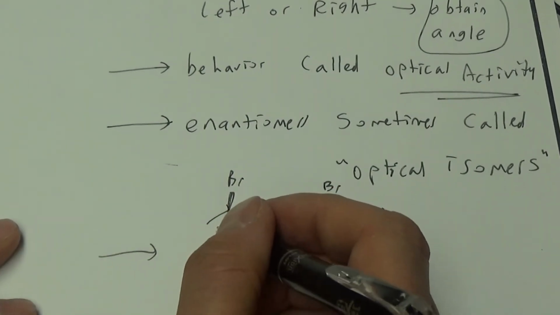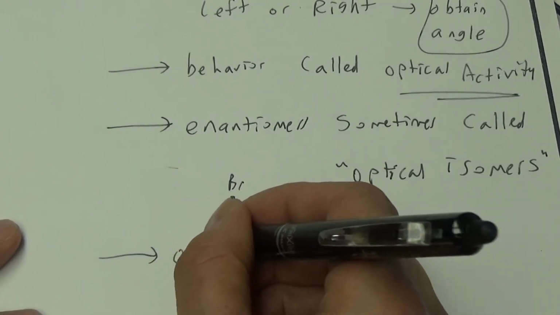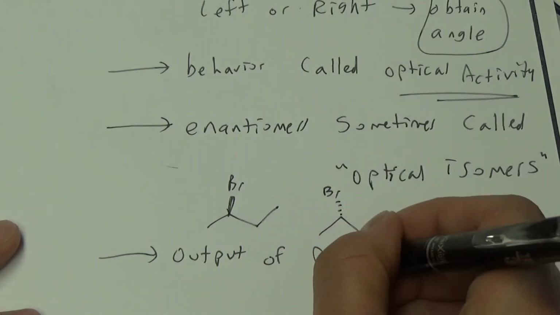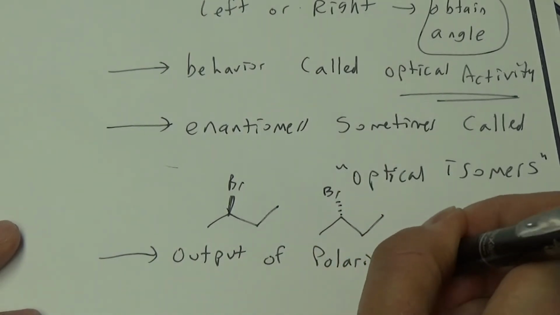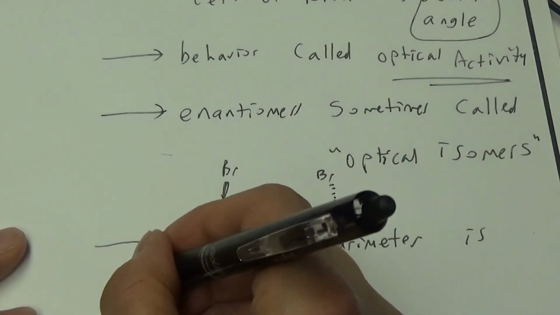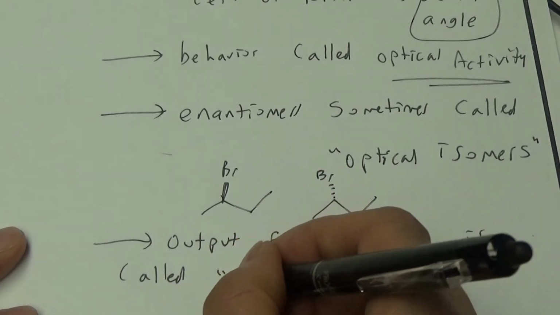Right? And what else? The output of the polarimeter is called the observed rotation.